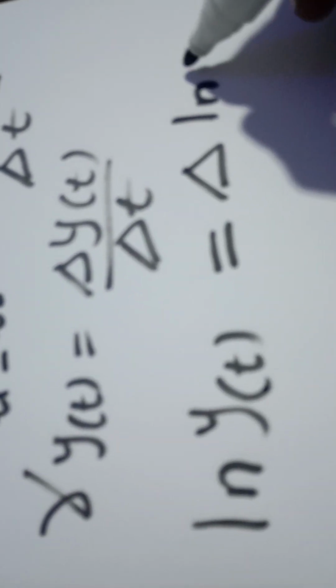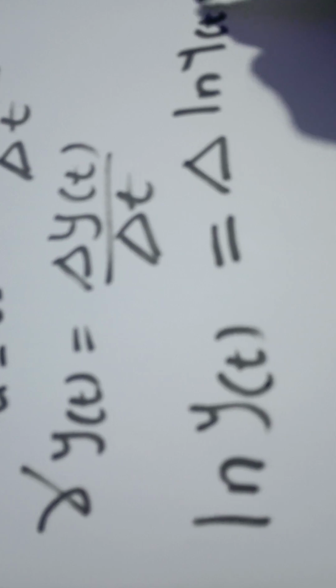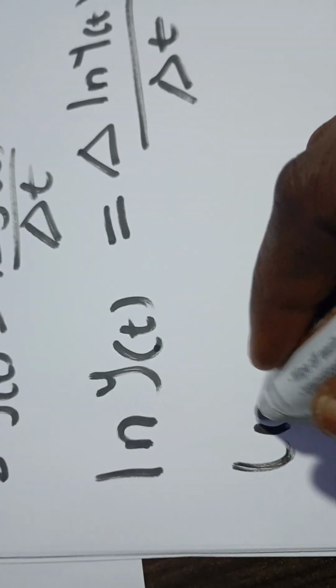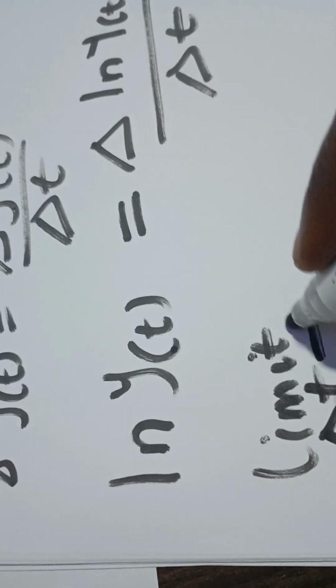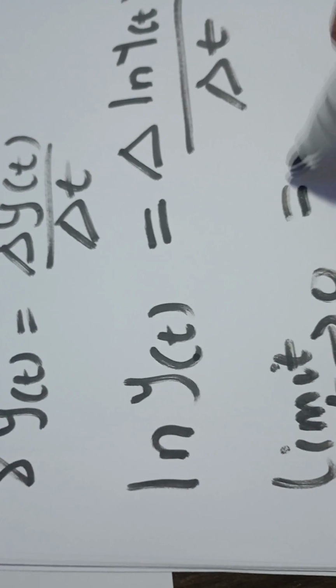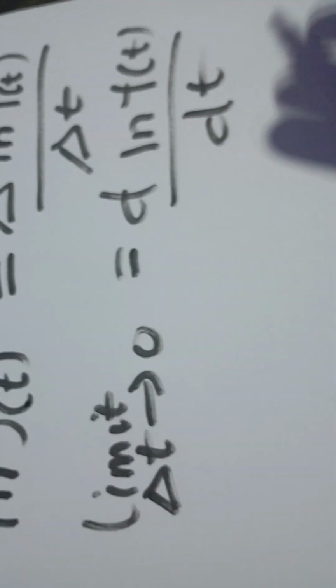So this is going to be the change. Wherever you see y, we are going to replace it with the natural log of y with respect to time. Now, introducing the concept of limit when change in time approaches 0, all this will turn to the derivative of the ln of y(t) over the derivative of time.